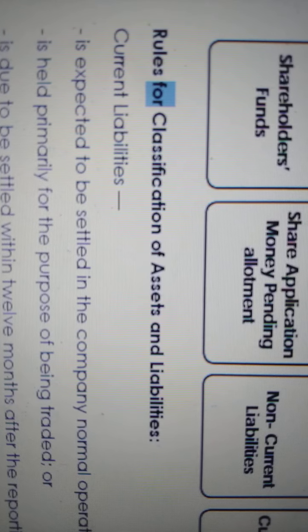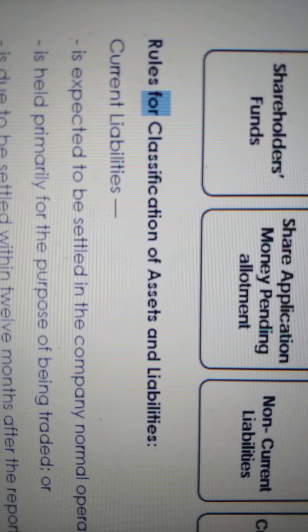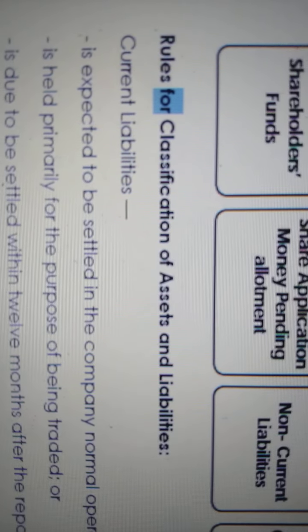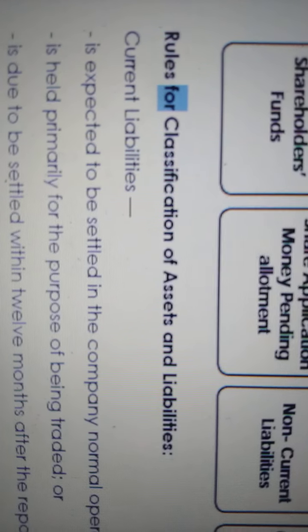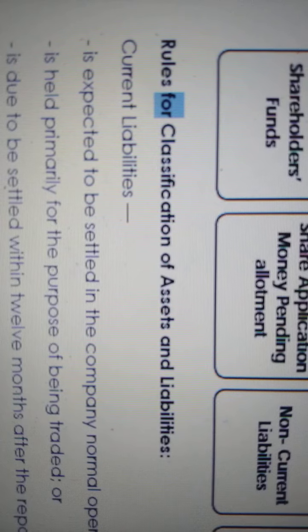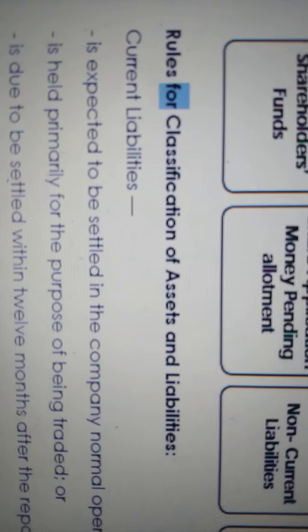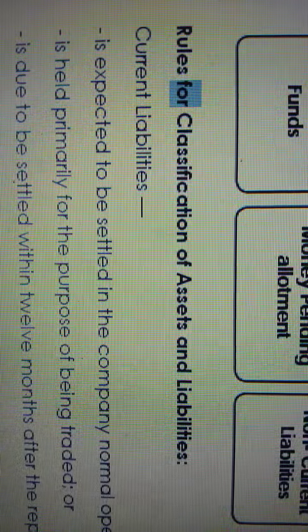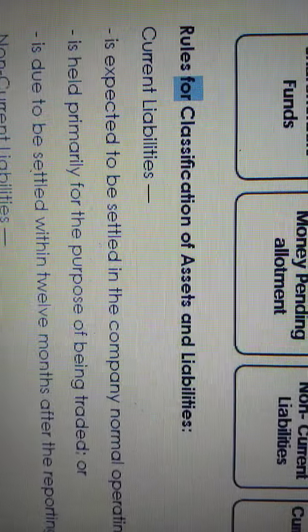Correct or not? We have to keep it in some place and wait for some time. Then we can get that wine. So the operating cycle for the wine business is totally different from any other business. Likewise, we have to think according to business; this operating cycle will differ.